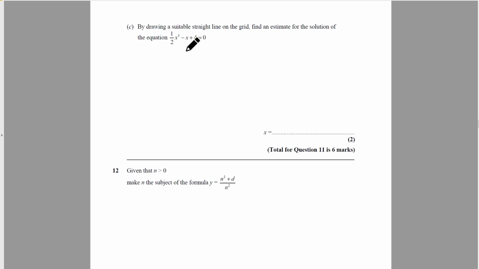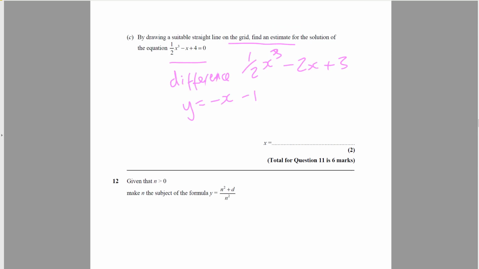Okay, this is a thinking problem here. So for C it says, by drawing a suitable line on the grid, find an estimate for the solution of this equation. Now this was the original equation. Now what's the difference between these two? Because we're sort of trying to make a simultaneous equation where the difference between this and this is minus x minus 1.